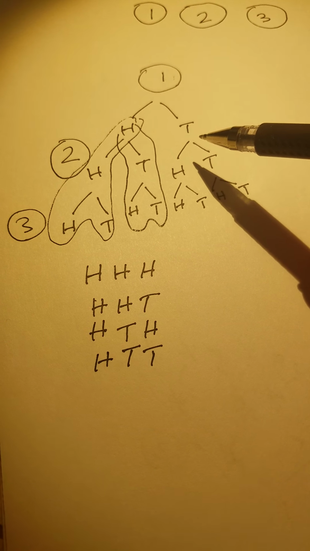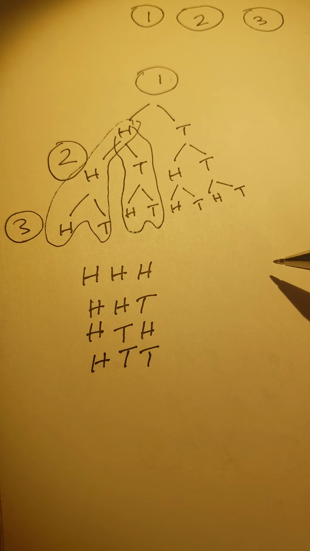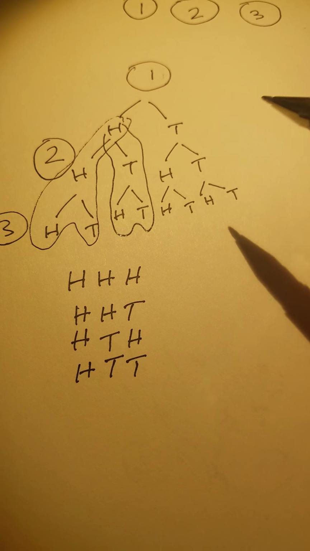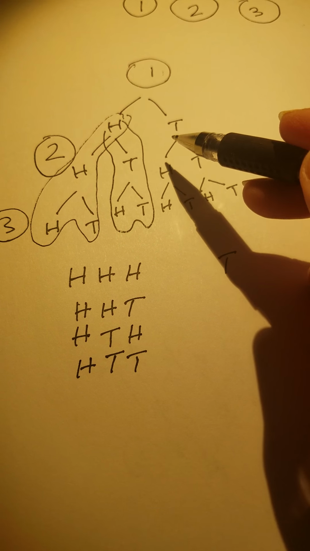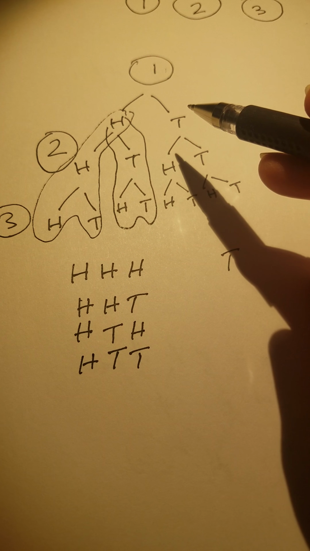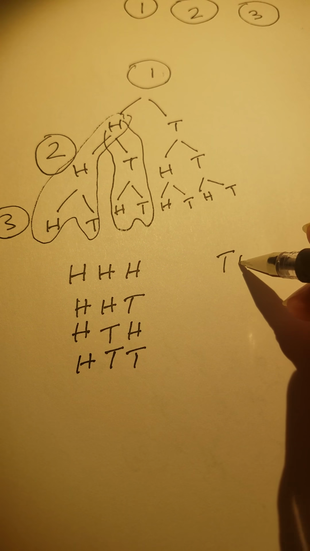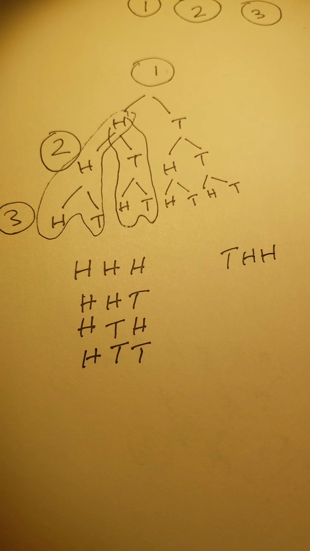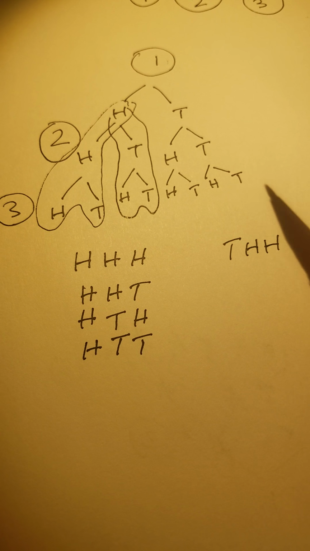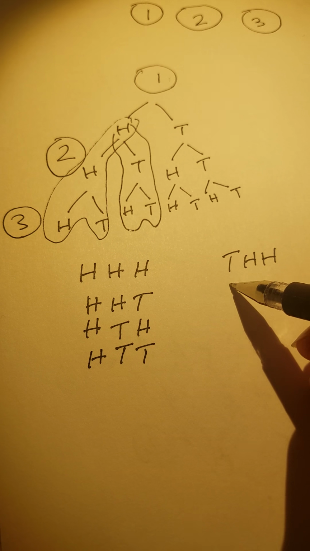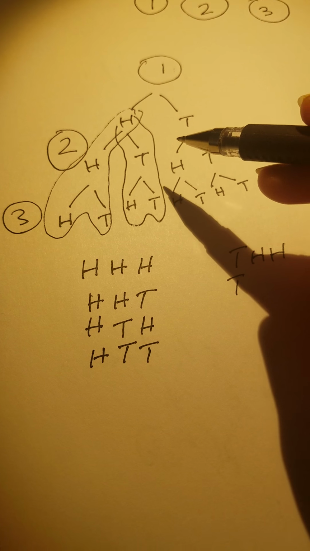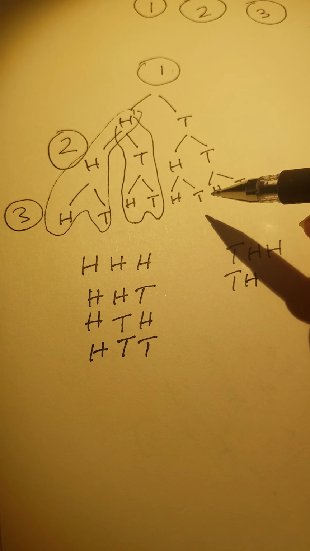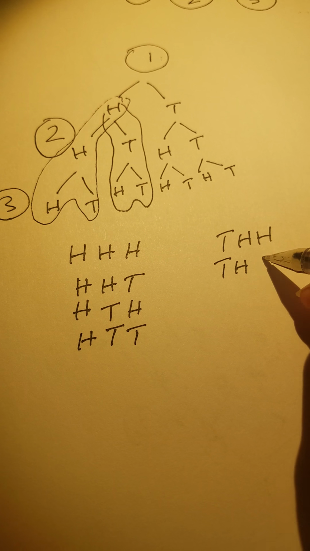But what if coin number 1 lands on its tail? I'm going to write the results on this side. If coin number 1 lands on its tail, that means according to our calculations, coin number 2 could land on its head, which means coin number 3 could land on its head. Okay? If coin number 1 lands on its tail, that means coin number 2 could possibly again land on its head, but this time coin number 3 could land on its tail.